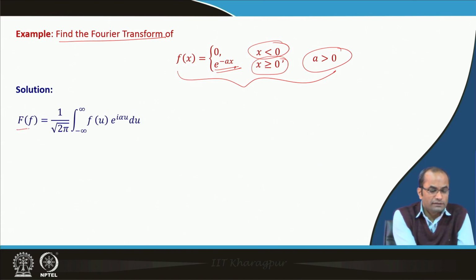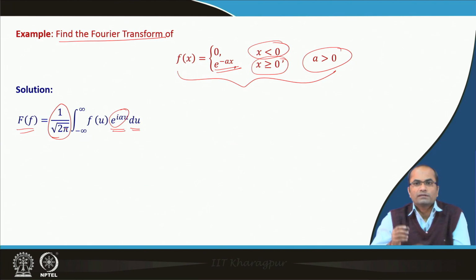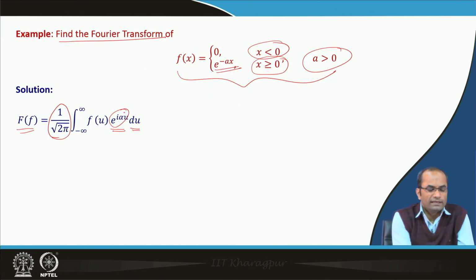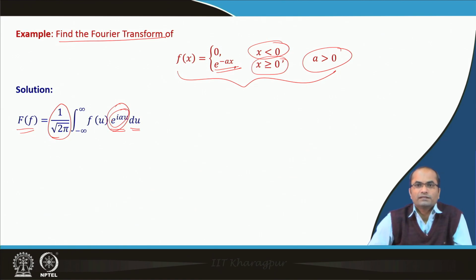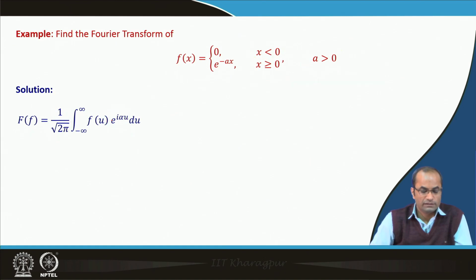We take the Fourier transform, this definition with the plus sign: f(u) e power I alpha u du, and 1 over square root 2 pi. It is easy to remember that this 1 over square root 2 pi sits with both the inverse and the forward transform, and we start with the plus sign first, and for the inverse we take the minus one. This will be the notation used in this lecture.